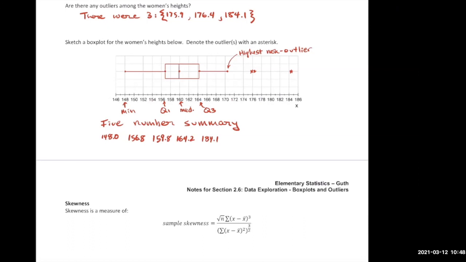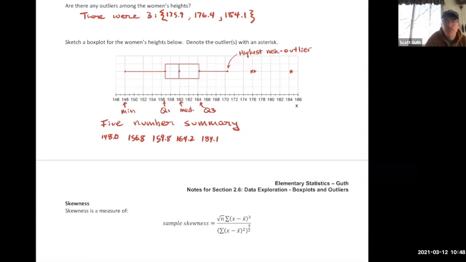When we're drawing this graphic for the box plot, do you want us to include the highest non-outlier? You don't have to label it, but the whisker has to stop at the highest non-outlier. Don't forget, there can be outliers on the left too, so the left whisker stops at the lowest non-outlier. I could put that here.